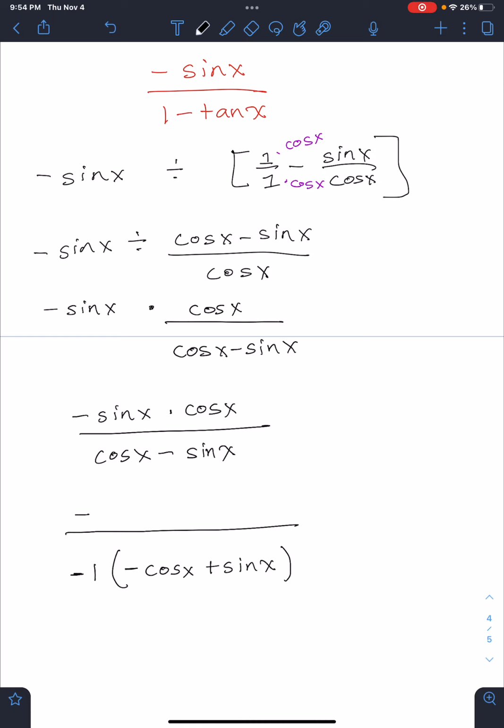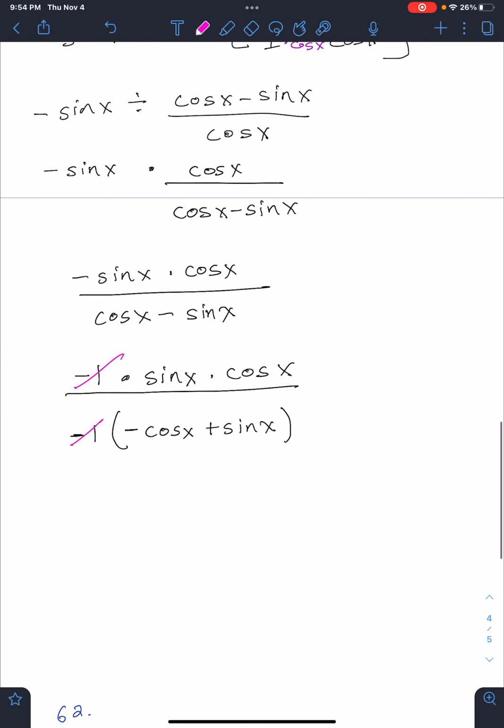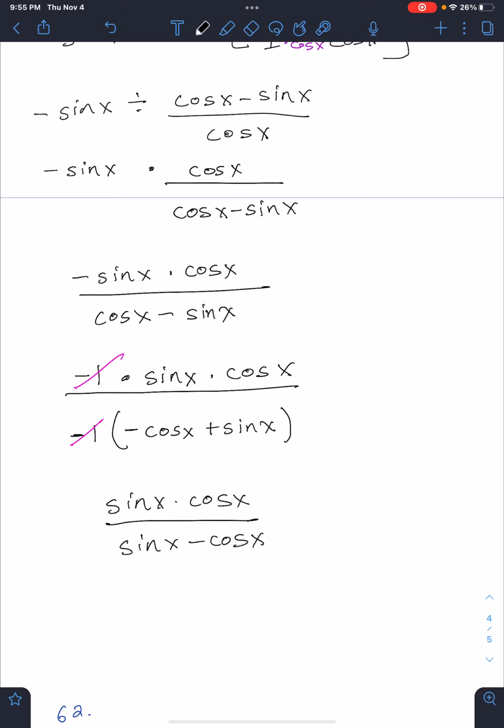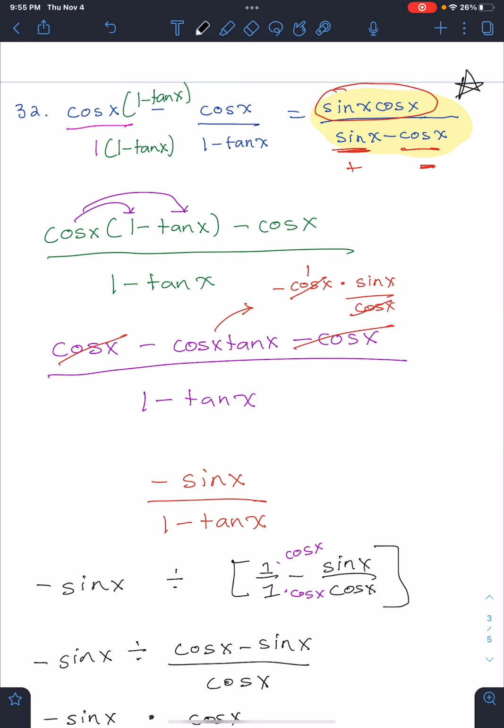And then on the top, I have negative 1 times sine of x times cosine of x. The negative 1s will divide. And if I want to write this a little cleaner, I'm going to have sine of x times cosine of x over sine of x minus cosine of x, which is what we wanted up here to begin with.